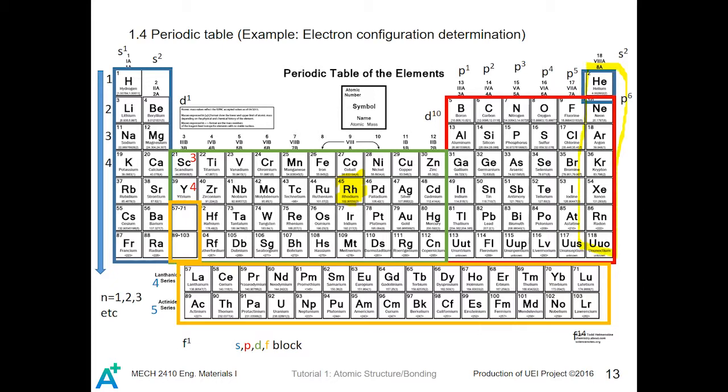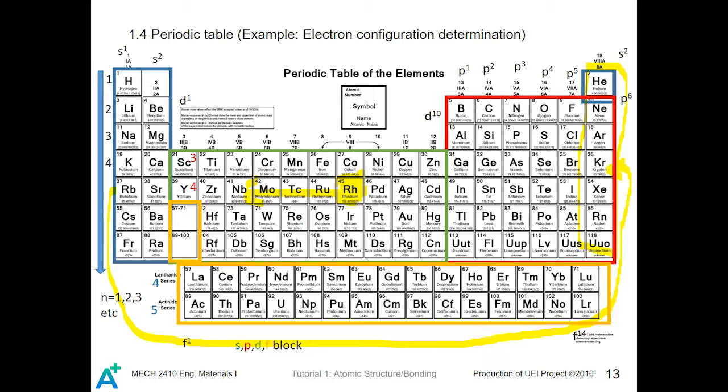Rhodium, if you still remember, if we count leftwards, in this direction, there is a decreasing number of electrons. So this one has fewer electrons, just less by 1 compared to rhodium, and so on. And therefore the nearest one will be krypton, which has 36 electrons.